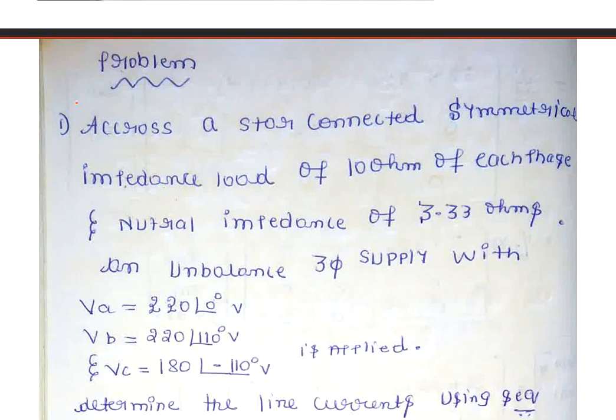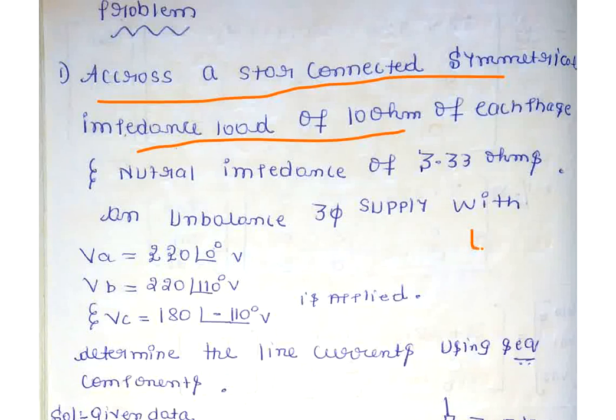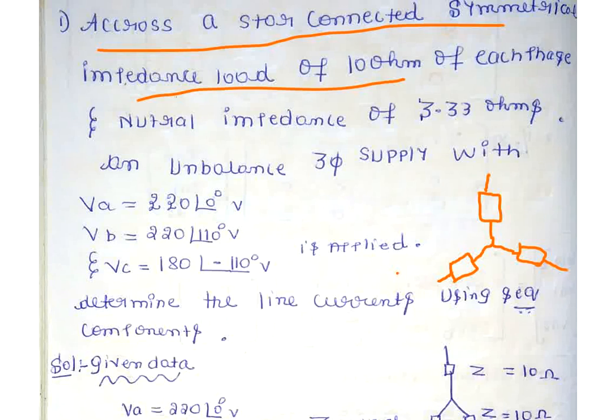Now we'll take a small problem. There is a star connected symmetrical impedance load. Each phase has an impedance of 10 ohms, here 10 ohm, here 10 ohm, and here also 10 ohms.